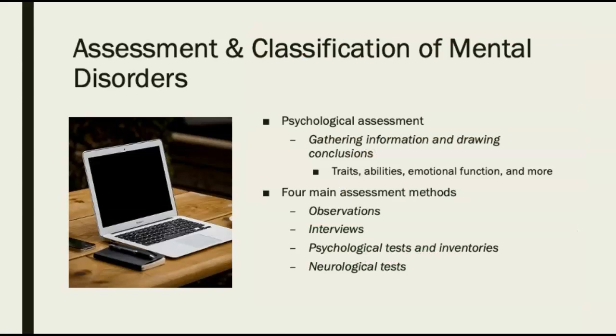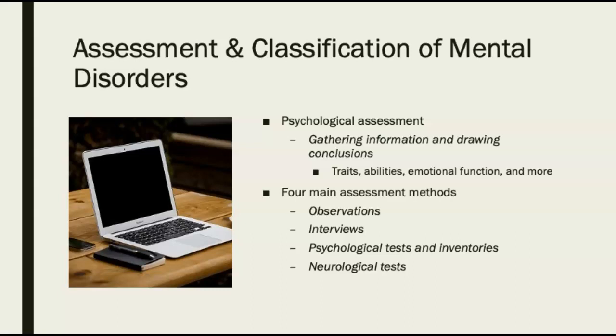We're going to talk a bit now about assessment and classification of mental disorders. We began with a conversation about more informal assessment last week in our class activity as we were getting used to the framework, using the framework of the multi-path model.